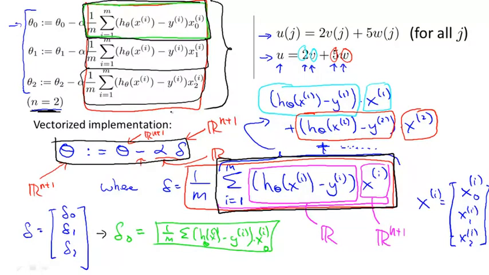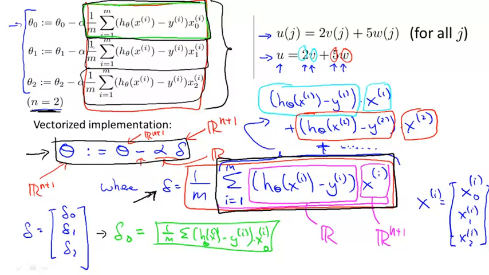So I know that there was a lot that happened on this slide, but again, feel free to pause the video. If you aren't sure what just happened, I'd encourage you to step through the slide to make sure you understand why this update here, with this definition of delta, is equal to this update on top.